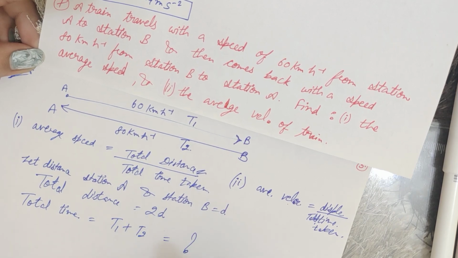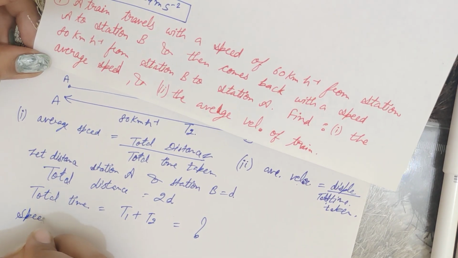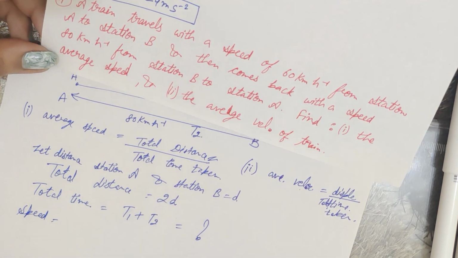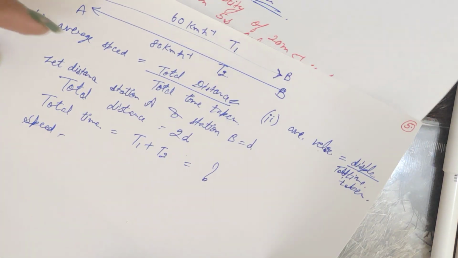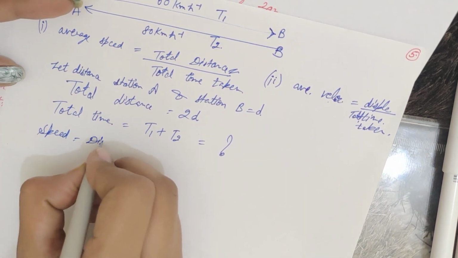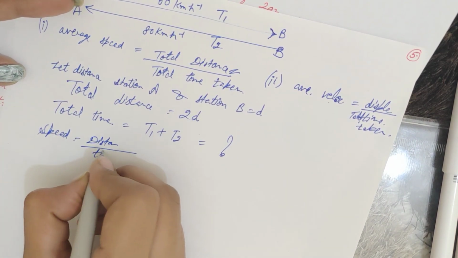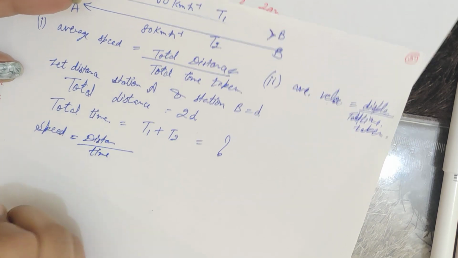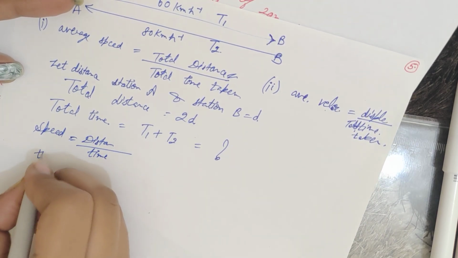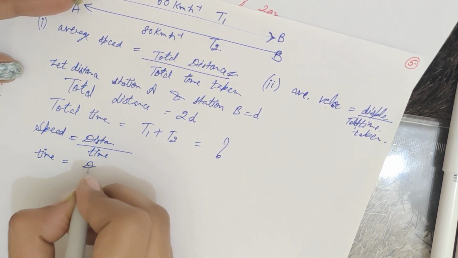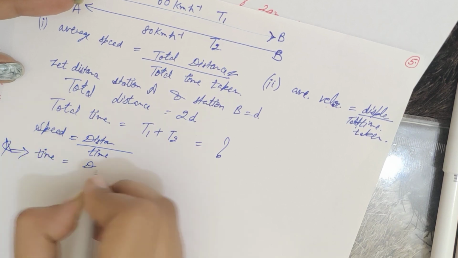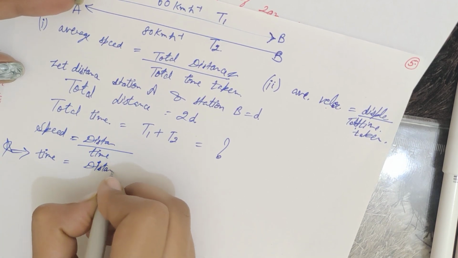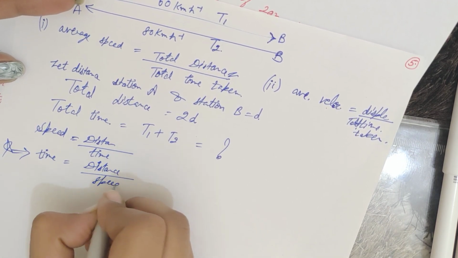But how do we find it? We know that the formula of speed is distance divided by time. Here we need to find the time. It means that time is equal to distance divided by speed.